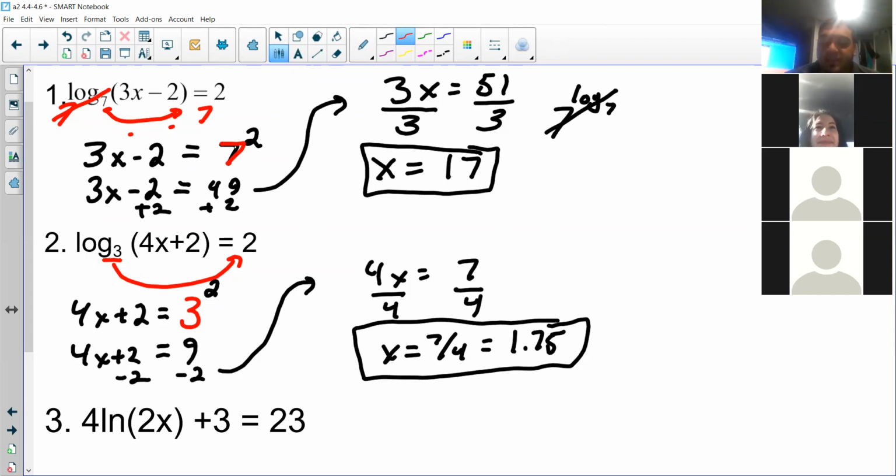But technically, I'm canceling it out, okay? Very similar to this kind of concept, Alyssa, just to finish it off. Let's say 3x equals 12. I could say I'm dividing 3 on both sides, and this crosses out. Same here. I'm putting a 7 underneath, and it crosses out. Okay.